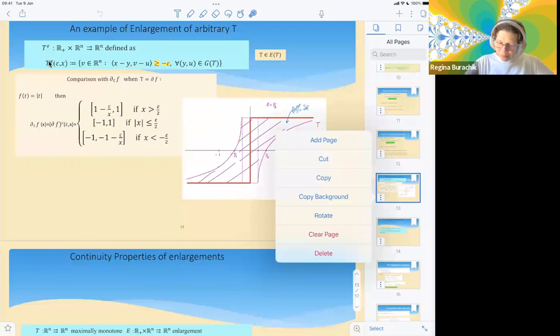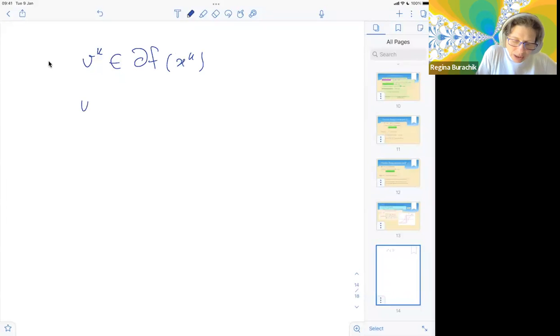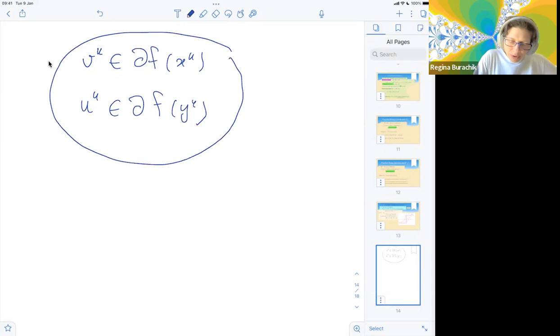Let me show you. For example, suppose that you have a method in which you take a point. So you have vk in the subdifferential of xk, and uk is in the subdifferential of, let's take the same points or different yk. This is something that happens, for example, in bundle methods.